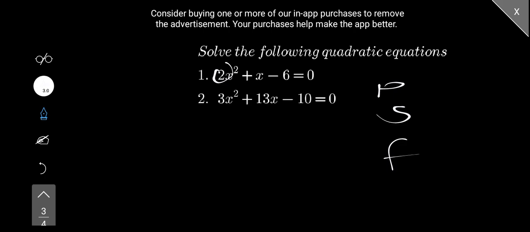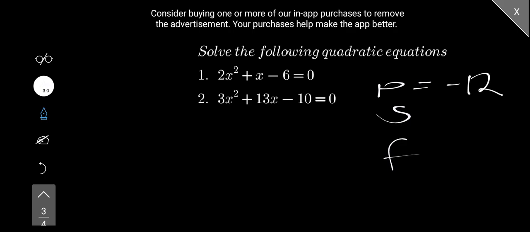The coefficient of x is 1, since there is nothing there, and the constant is -6. So the product is 2 times -6, which is equal to -12.